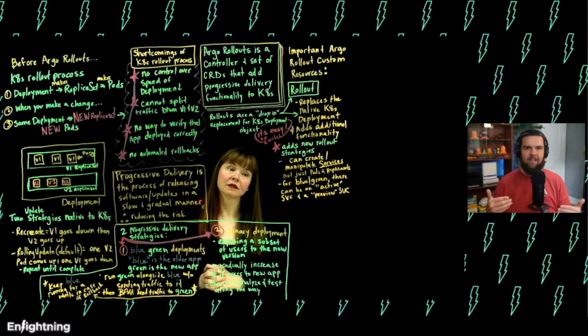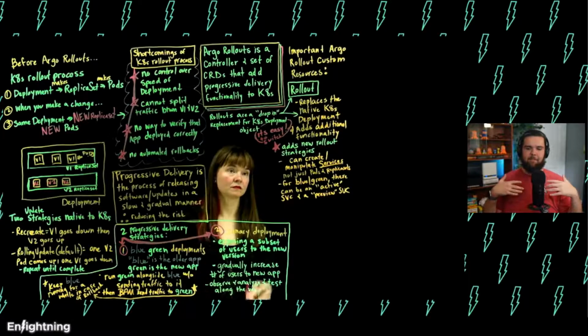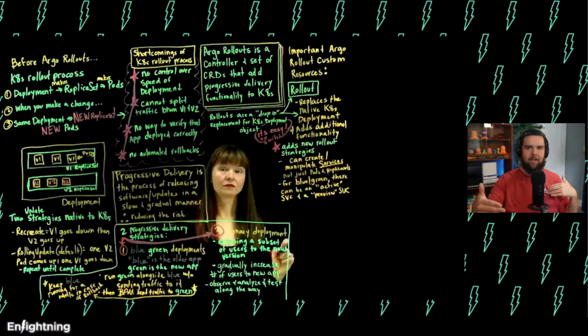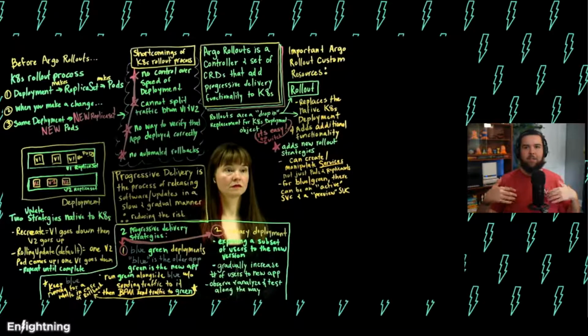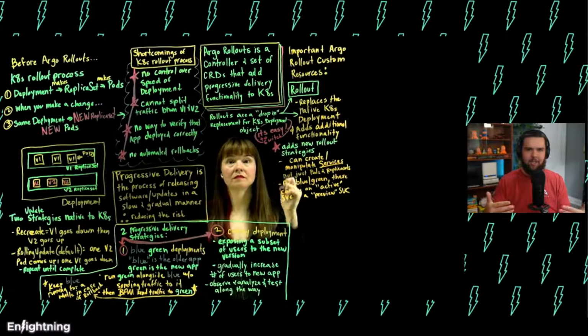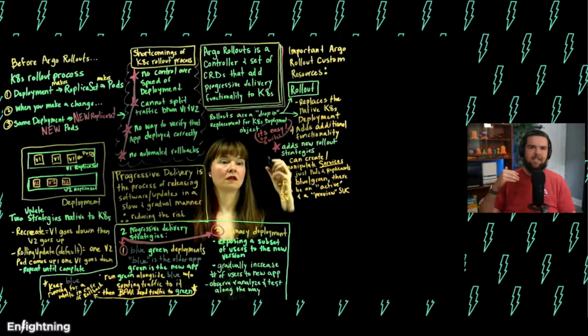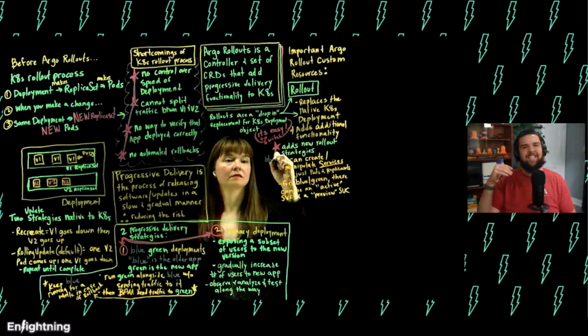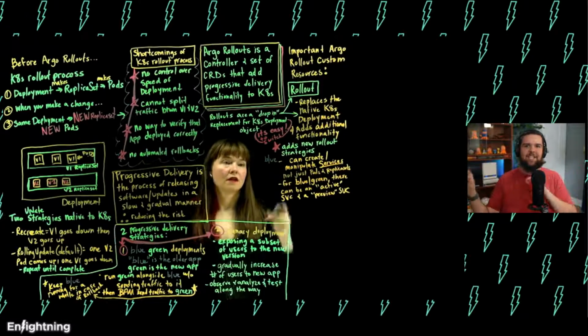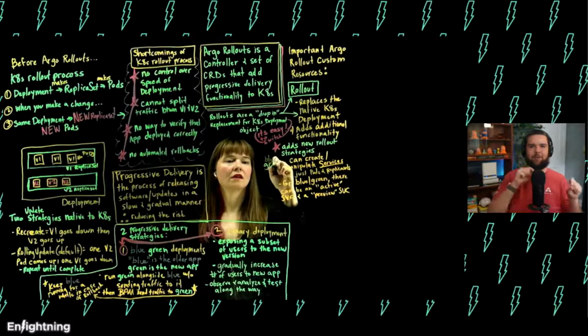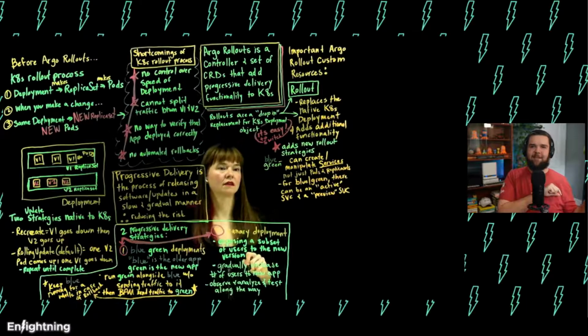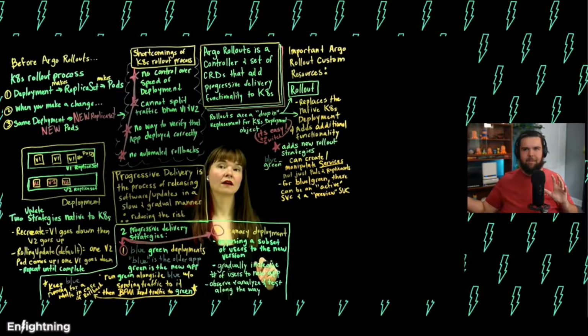So it can manage how pods are rolled out in a more precise manner, but it can also do testing and verification against that rollout. So this is the analysis. It's kind of hard because I have to describe the analysis template to be able to describe that the Argo rollout uses the analysis template. But maybe just conceptually, we can say that the rollout resource does analysis as a part of the delivery.